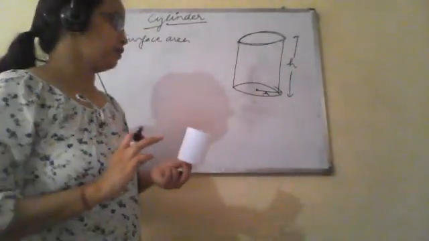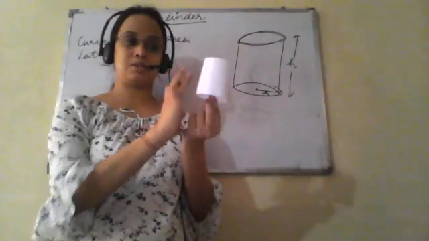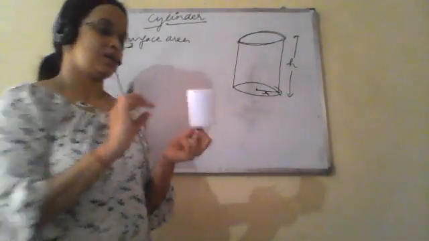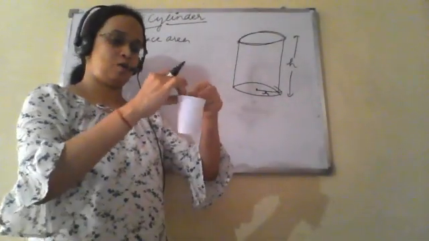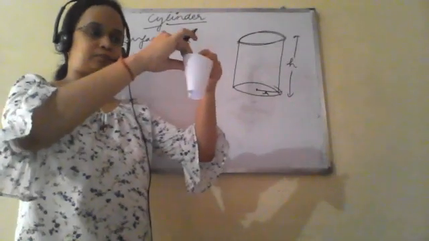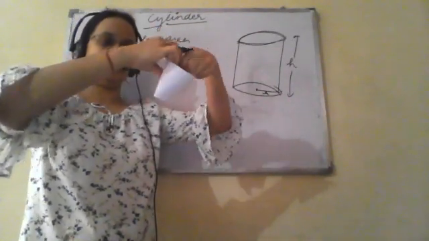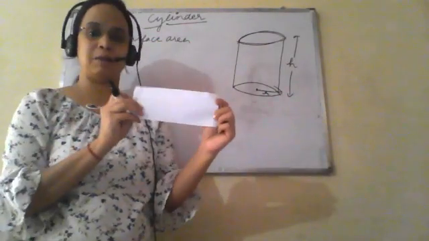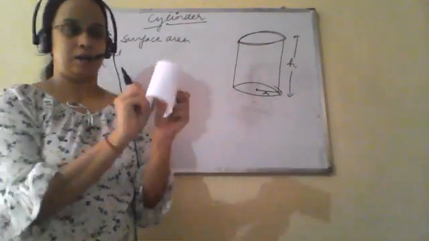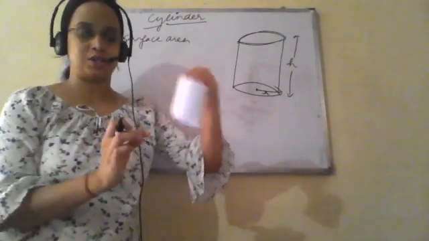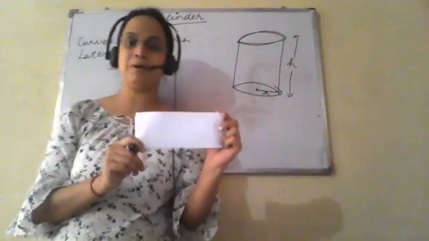So this is the height, a particular edge, and these are the two circular faces of the cylinder. When we cut open this length, it becomes a rectangular shape. Earlier it was like this, with a circular shape at the top and bottom, and if we cut this area, it becomes a rectangle.